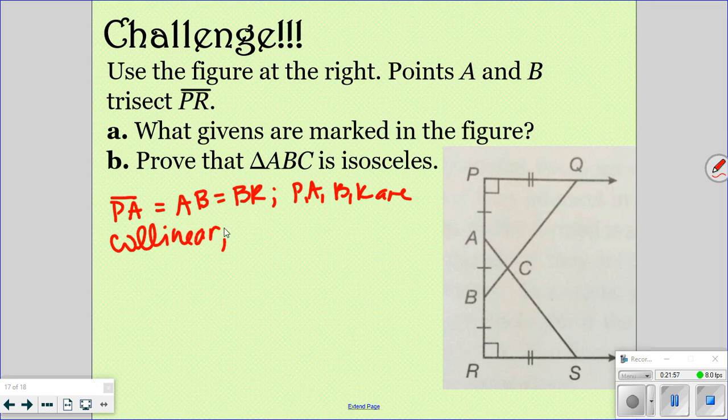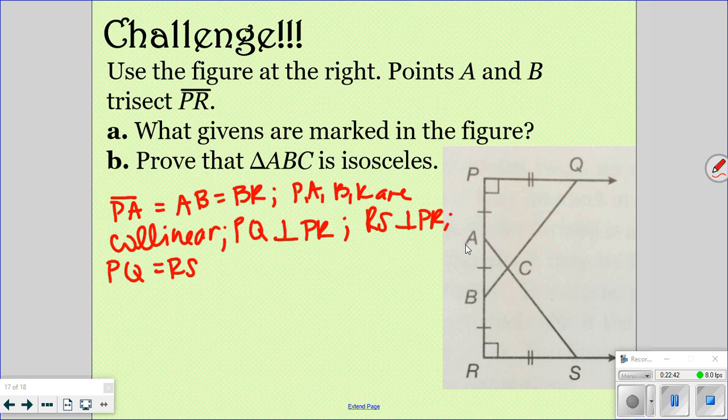It also tells you that PQ is perpendicular to PR, and RS is perpendicular to PR. And then it also tells us that PQ is equal to RS. So now we're supposed to prove that ABC is an isosceles triangle.